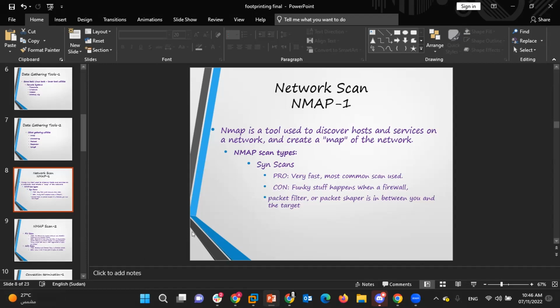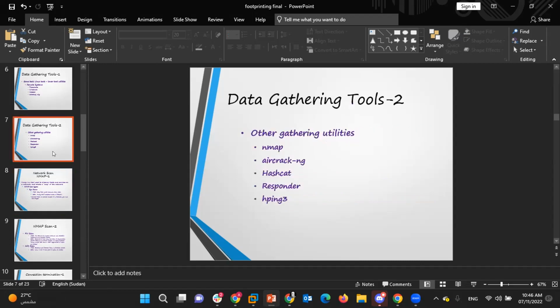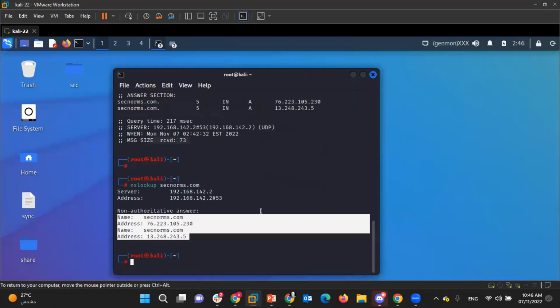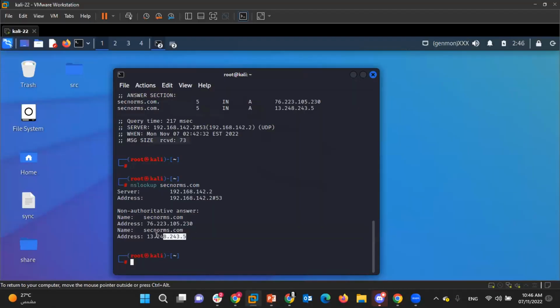Before that, okay, let us go to this slide. Traceroute. Let us make a traceroute for this IP address.